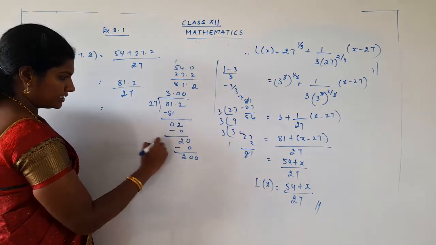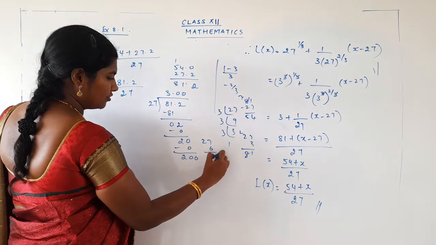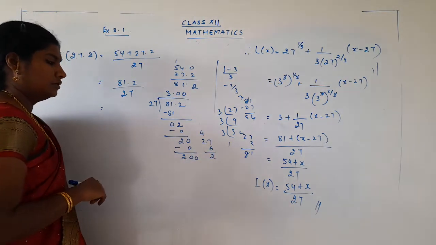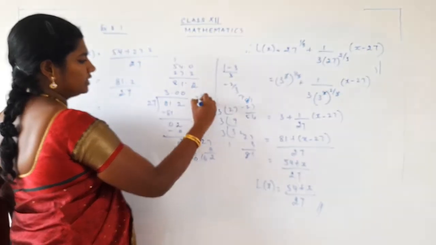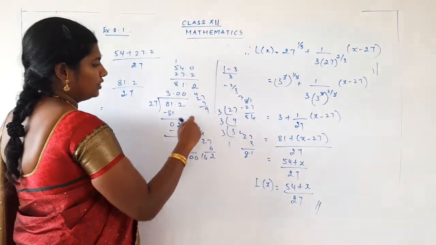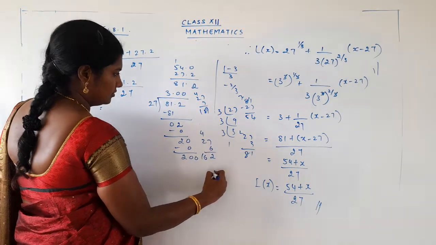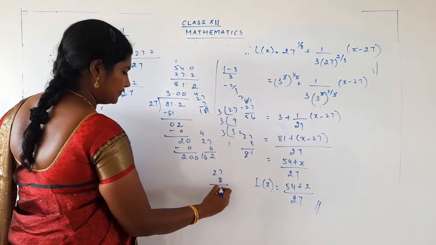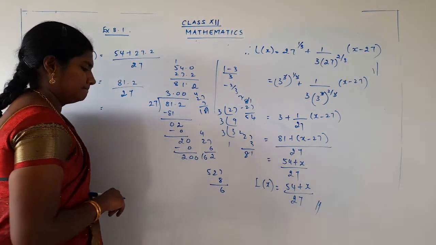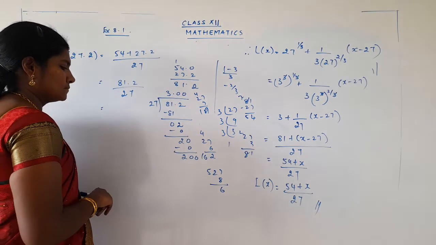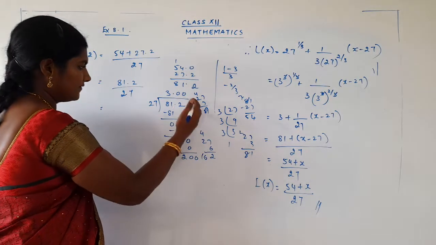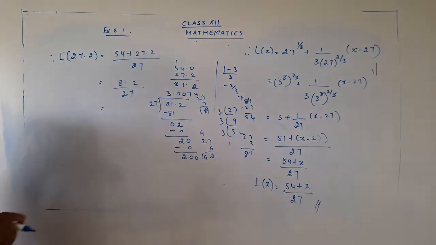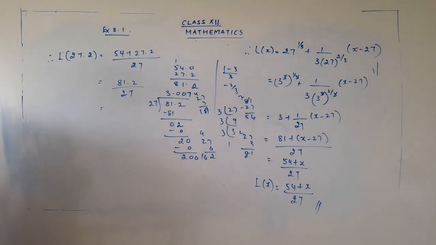So now 27 6s are 162, 7s are 189, 8s are 216. It goes above this, so I can take 7. It will be 3.007.